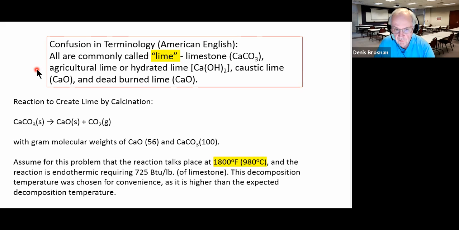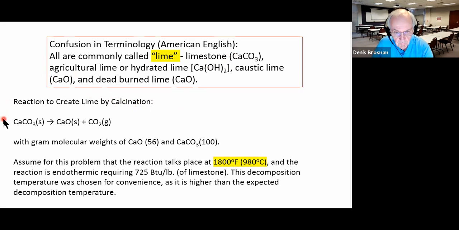And we also use that term to talk about something called dead burn lime, which is heated to much higher temperatures to form larger crystals and to redistribute the impurities of the limestone so that the impurities inhibit the hydration with moisture in the atmosphere. So that kind of material is sold in bulk and used in a lot of industries, for example, the steel industry. So right now, what we're really talking about is taking limestone and making caustic lime, just decomposing the limestone.